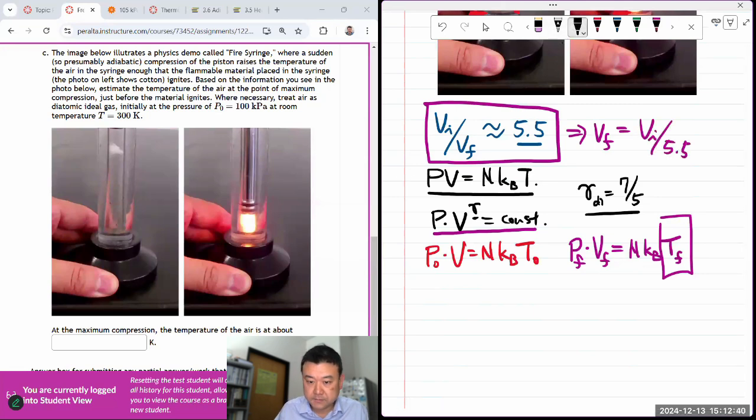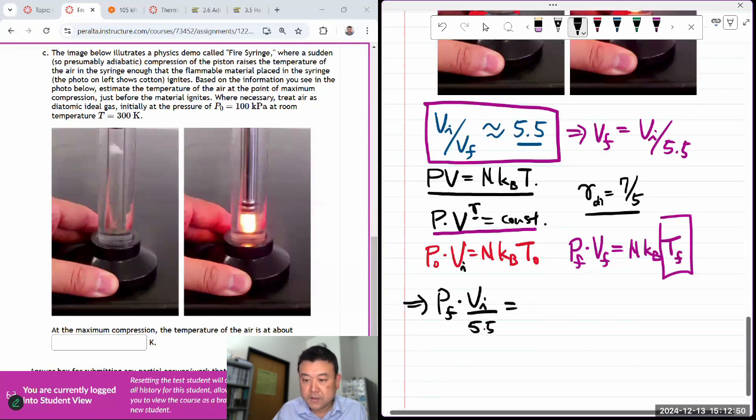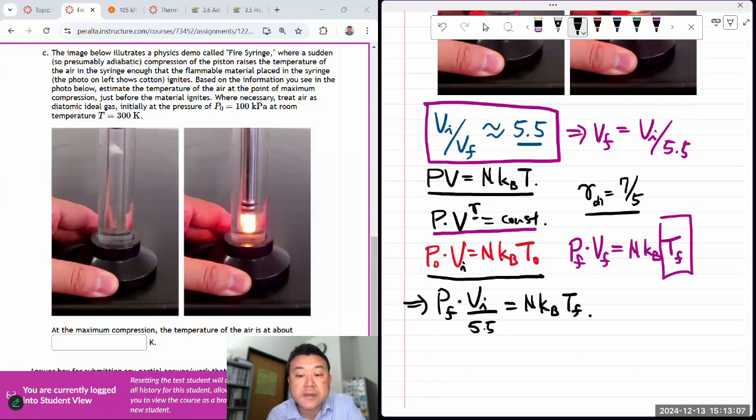So putting that in, I have the expression P final times V initial divided by 5.5 is equal to N k_B T final. Still not good because we don't know V initial, although we can figure out V initial from here, I guess, kind of.